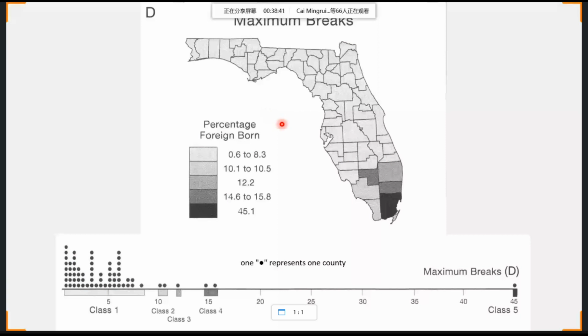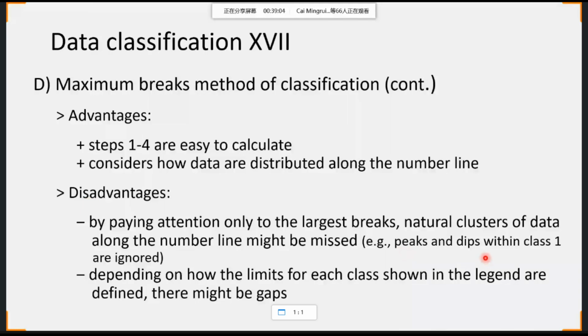But sometimes you want to know, are there some regions here clustered with the lowest numbers? Here, for example. What about those with a bit higher number? So this is meant here with the peaks and dips within class 1.